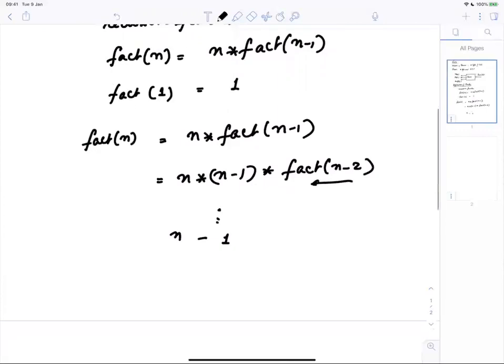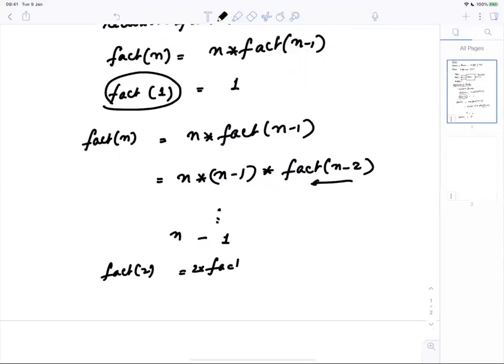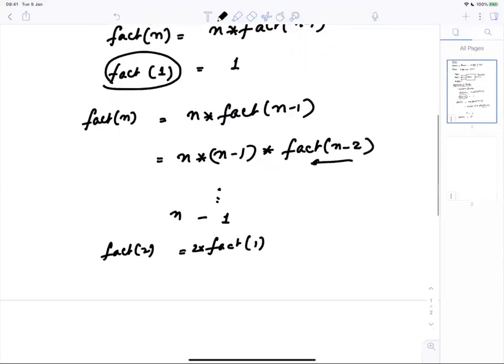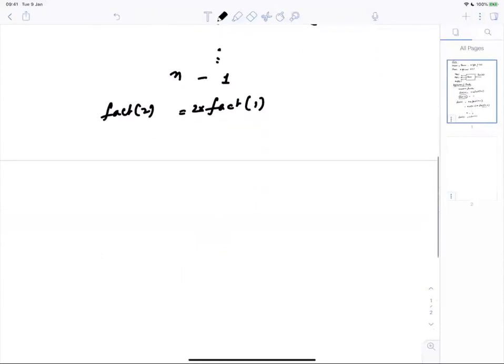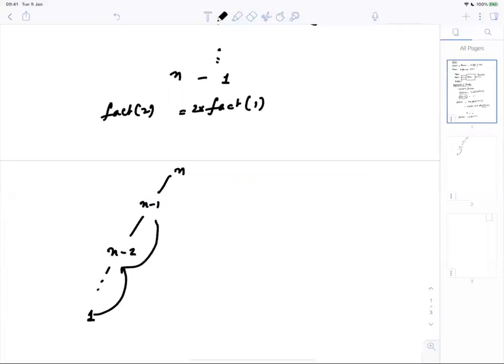So what happens? Fact 1 gets computed first. Then we have fact 2 is 2 into fact of 1, and so on. In the calling function, it's n here, which calls n minus 1, n minus 2, and so on. Finally, it reaches 1. And then once 1 is completed, it goes back to the previous reference to the call for fact, and so on.